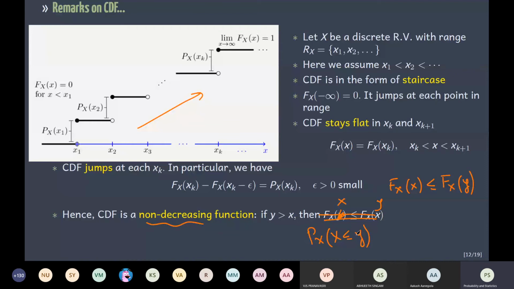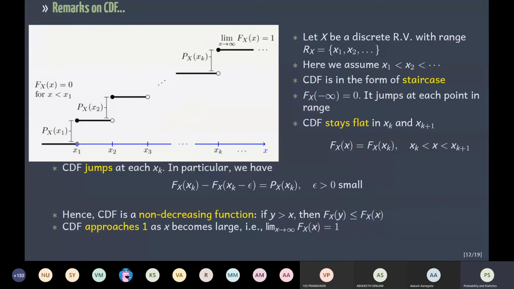That is evident from here, and also from the probability, because this is like the sum of probabilities up to y, and probabilities are always positive values. Since y is greater, it will have more cumulative values than x here. Also, the CDF approaches 1 as x becomes large.